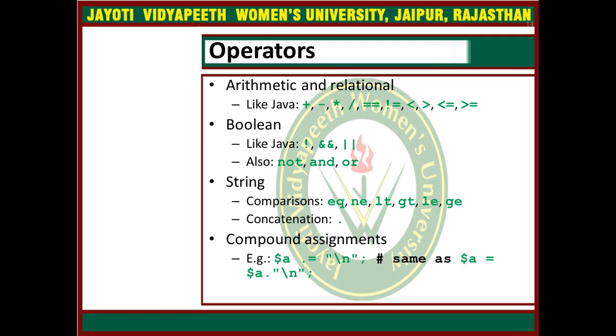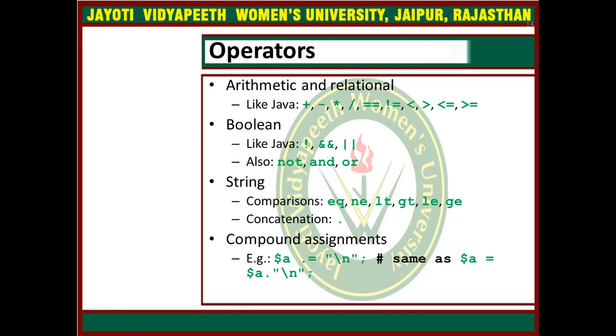And in the Boolean operators like Java, exclamation, ampersand and OR signs are used. Also not and or are used. And the string comparisons like eq, ne, lt, gt, le, ge and concatenation. In this, dot we can use for concatenation.